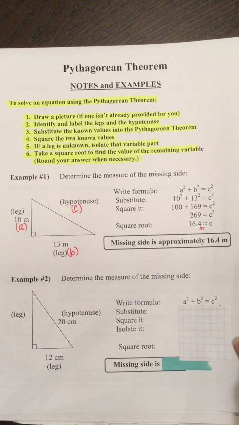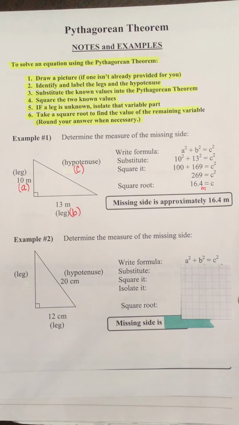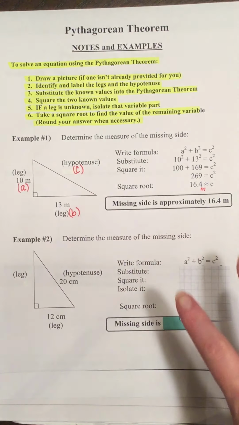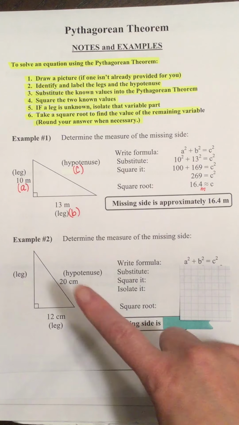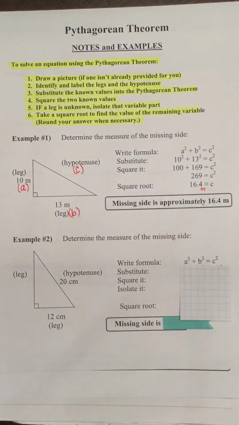Now, this example, I want you to notice something. First off, make sure you're writing out the whole thing. Make sure you're drawing your picture with your straight edge. But I want you to notice something. It's not going to say hypotenuse every single time.